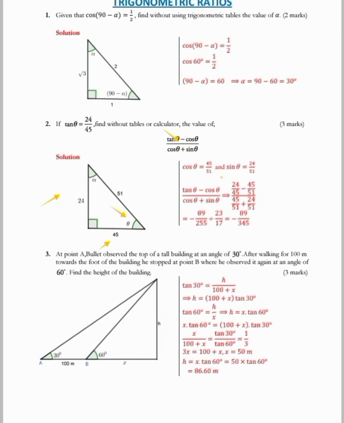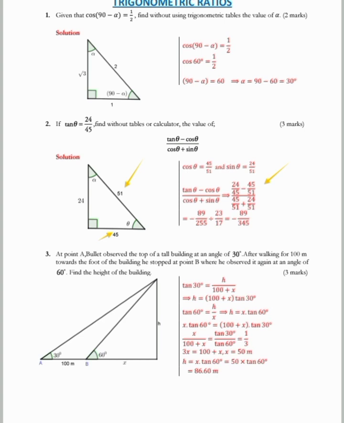Next is cos theta. Cos theta is given by adjacent over hypotenuse, which is 45 over 51, which we have here.